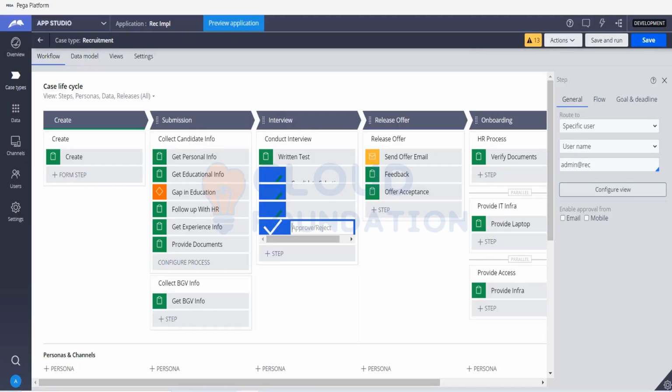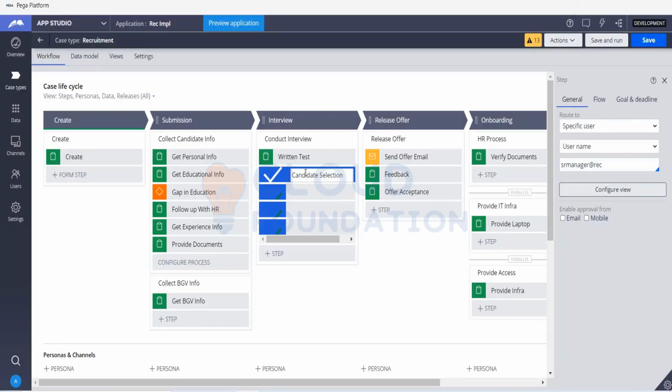Instead of having multiple steps like this, which is not a good practice, what we do is, within the approval step, you add only a single step, but you can have cascading approvals.